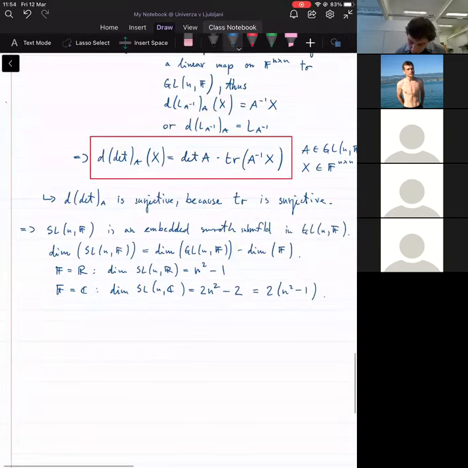Okay, I may also determine the tangent space at I of SL_n F, for example.